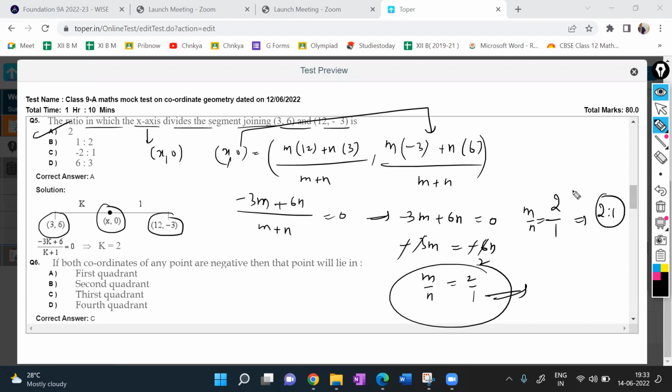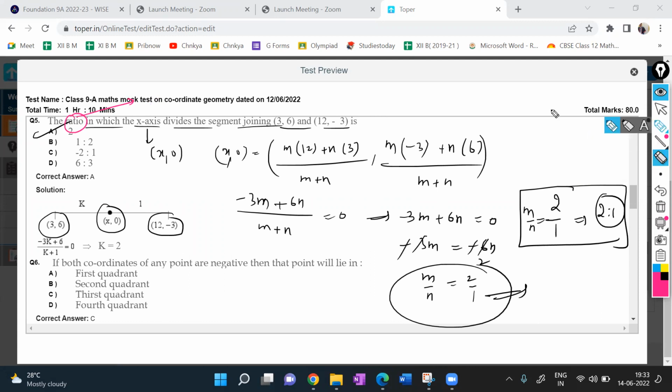Sir, can you explain how you got minus 3m plus 6n by m plus n? Babu, have you revised the formula, Lalit? What is the formula, man? Here I don't know the ratio, right? Ratio I'm taking as m is to n. M into x2 plus n into x1; I took internal division since he has not given what division it is.